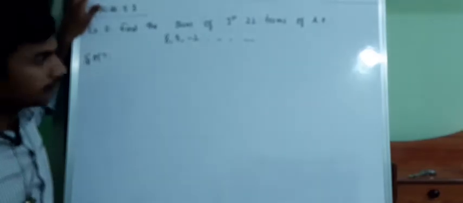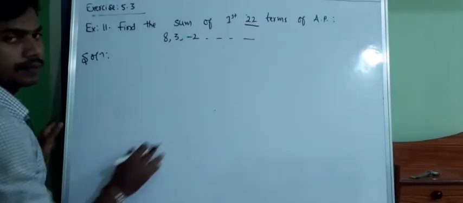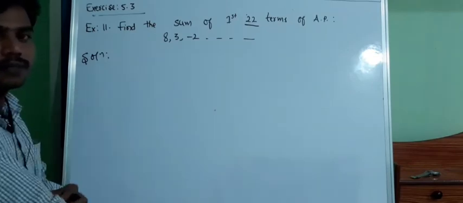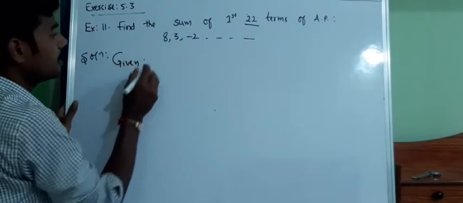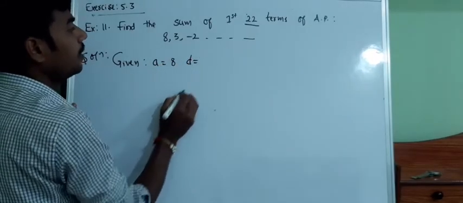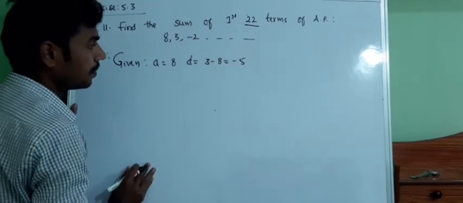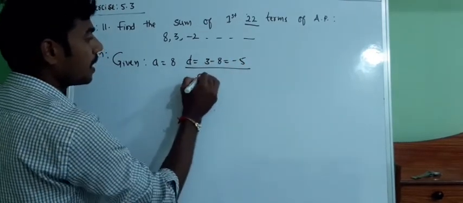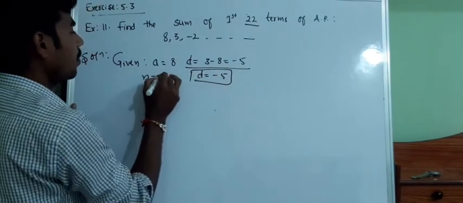We know the first term and the number of terms, so we can make use of the first formula. Before that, we'll write down what is given. A is equal to 8. What is D? 3 minus 8, which is equal to minus 5. So D is minus 5, and N is equal to 22.